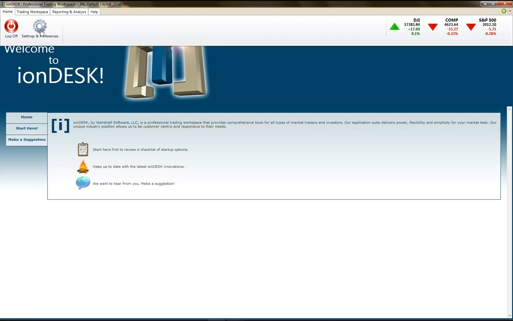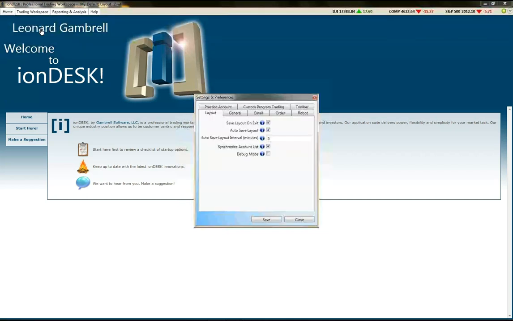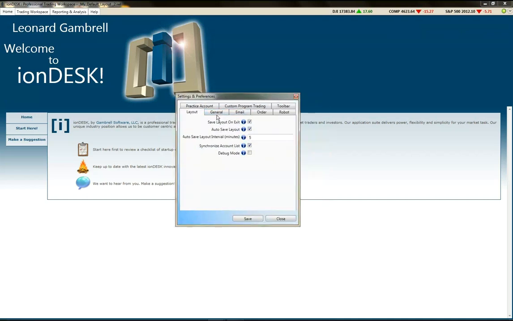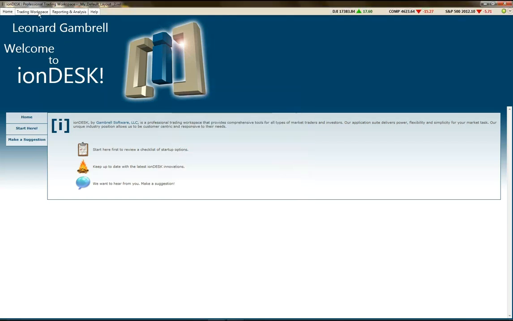Okay. And from our home screen, you'll see settings and preferences there, and there are various things that you can do there that it sounds as if you're astute enough to figure out. They're pretty much straightforward. There's nothing really hidden or specialized in there, and you can do that at your own time.